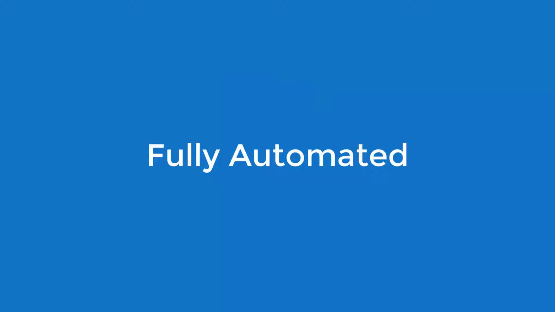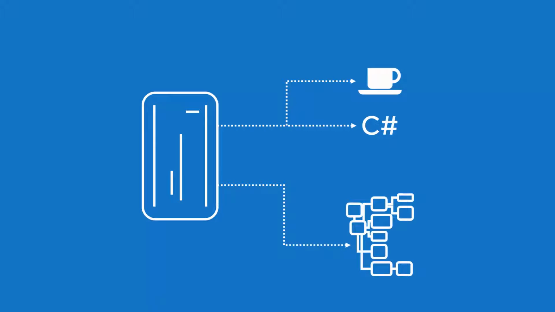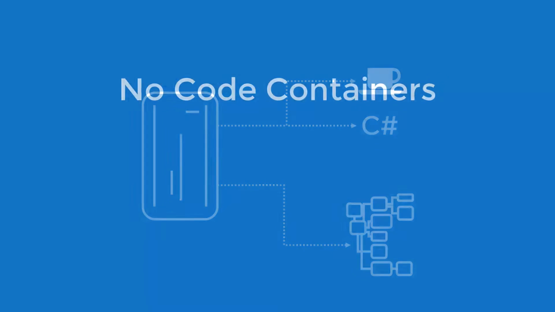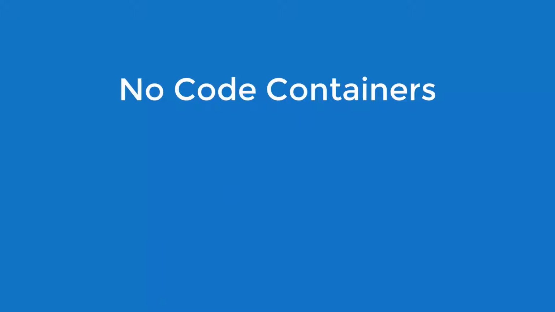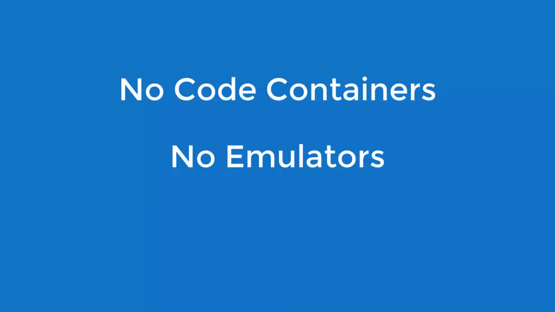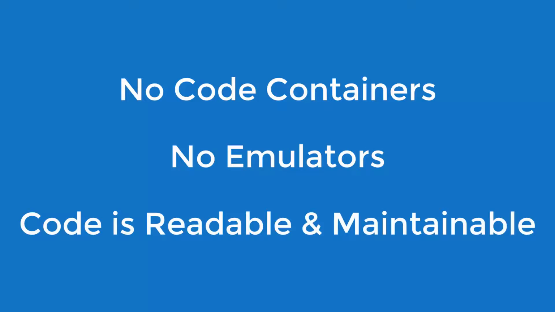COBOL-To-Universal is a fully automated solution that captures the entire source base of the application and automatically migrates it to object-oriented code. The resulting code has the exact functionality of the migrated application and can easily be tested and implemented into production. COBOL-To-Universal does not use code containers or emulators. We produce maintainable code that can be applied to a variety of target frameworks.